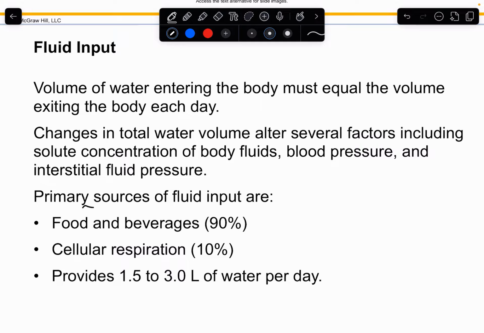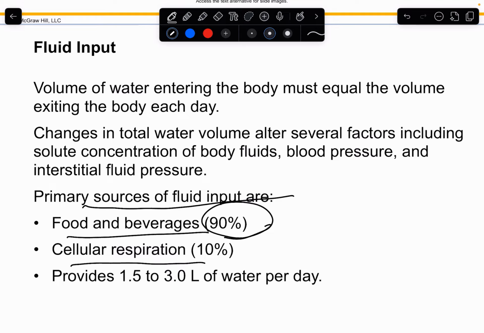Primary sources of fluid input are food and beverage, and cellular respiration. About 90% should be coming from intake. Depending on our size, we need 1.5 to 3 liters per day. So we know cellular respiration.